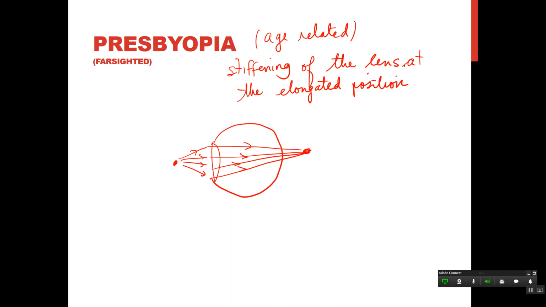If you have presbyopia, you can only focus on things that are far. And in fact, let's say you're doing what Andre is doing, right?